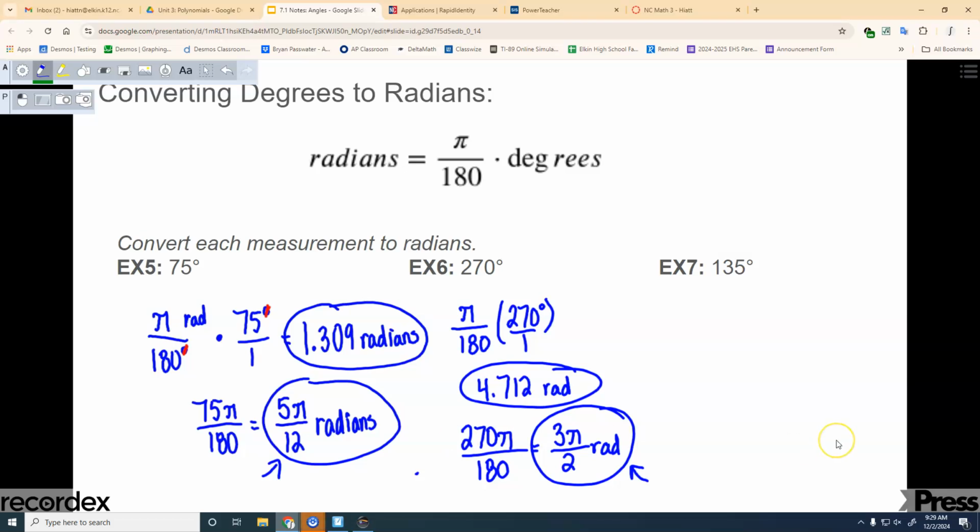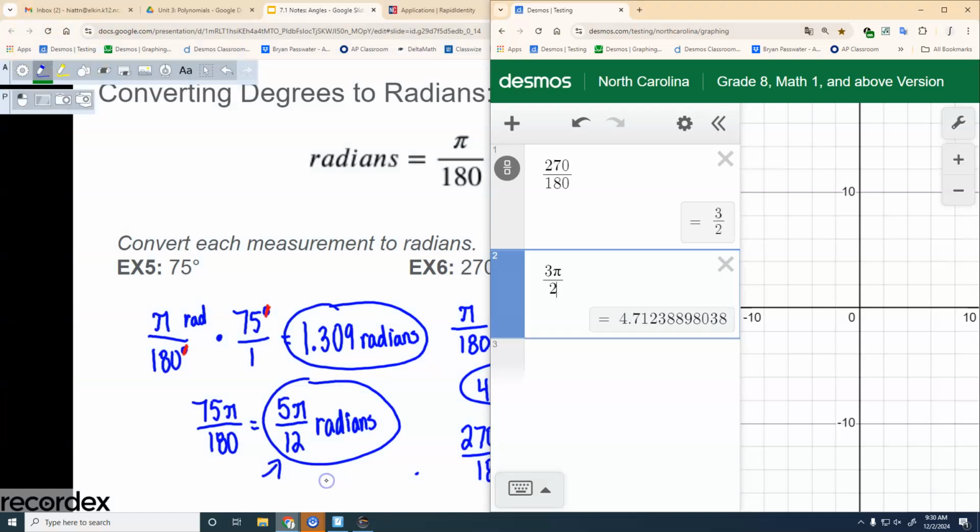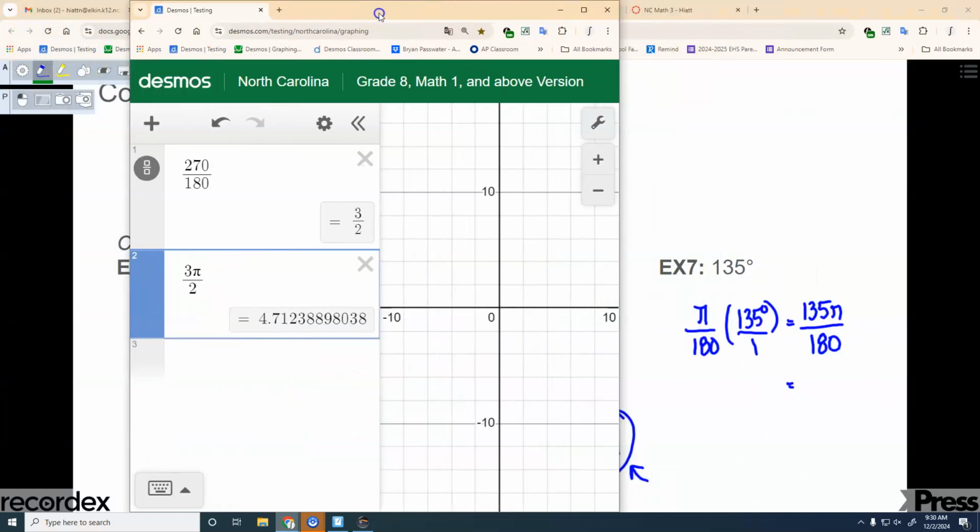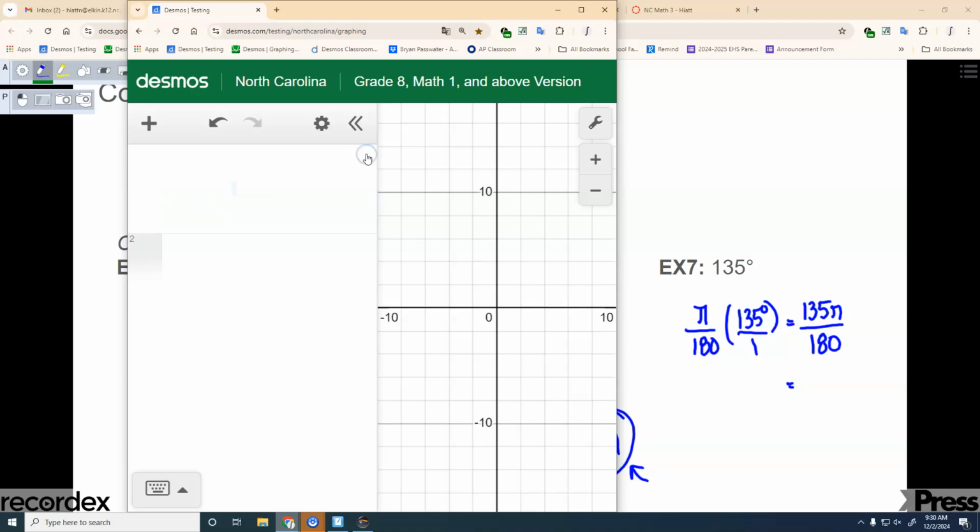If we do this last one, we've got pi over 180 times 135. That's going to give me 135 pi over 180. They're probably not going to give you a decimal. They're probably going to reduce it: 135 over 180 reduces to 3/4.